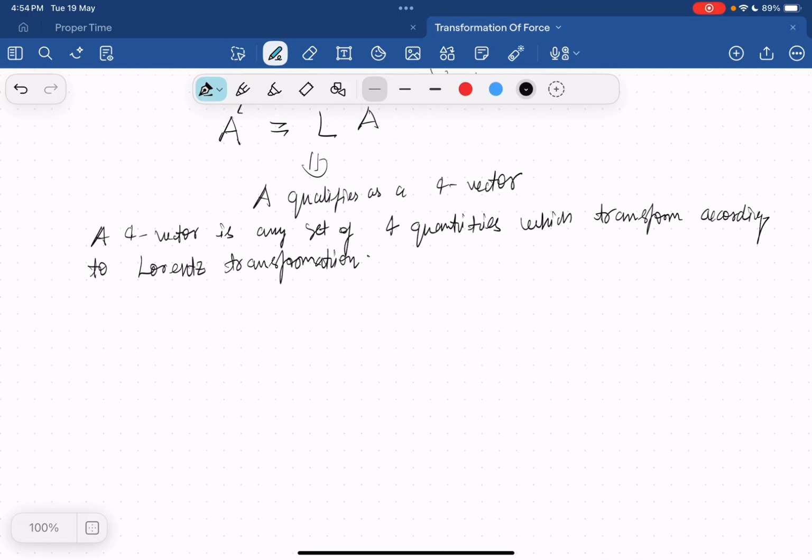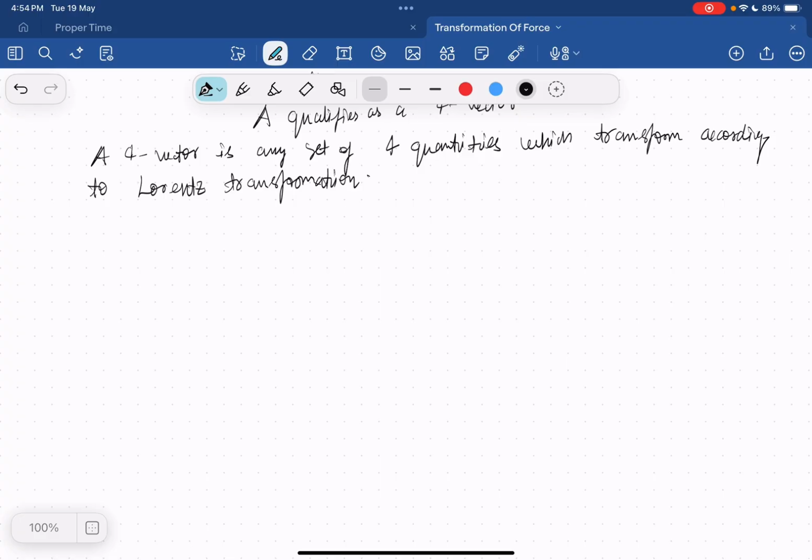Now from here we can move on to the concept of four velocity. Actually there is more to four vectors, like the norm of the four vector, which is Lorentz invariant. We can also talk about that.